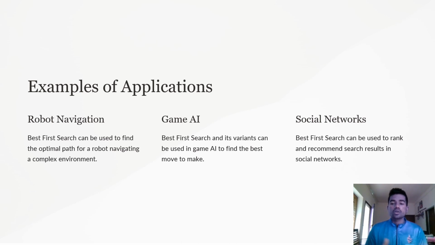It can be used to rank and recommend search results in social networks, and it is useful in robot navigation. It is used to find the optimal path for a robot navigating a complex environment, and in developing AI games, to find the best move to make, etc.